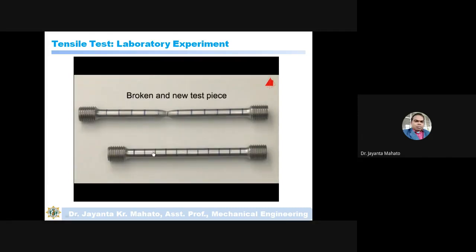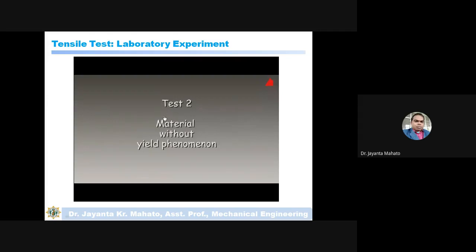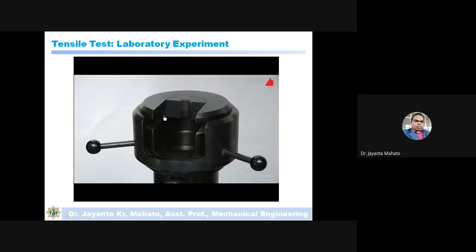This is the original length of the second specimen, and this is after the deformation. The length increased, and the diameter is reduced. This is called reduction in area. If you calculate the area on this part, you will get the reduction in area.